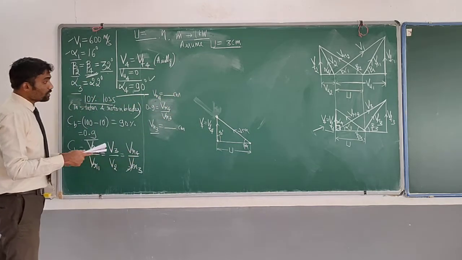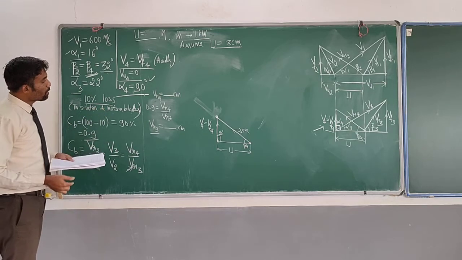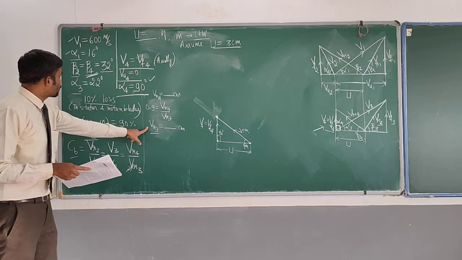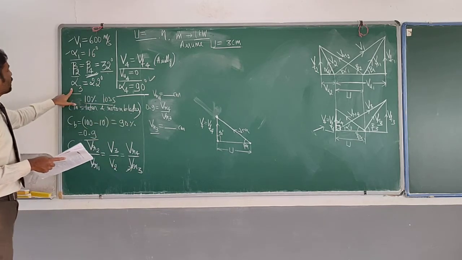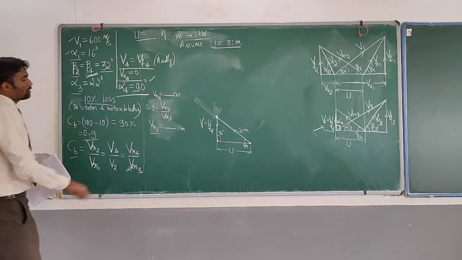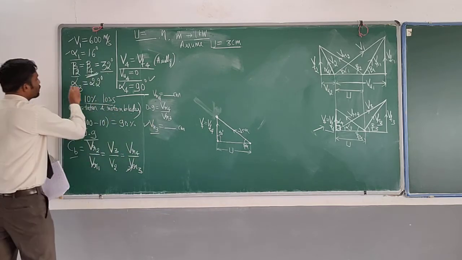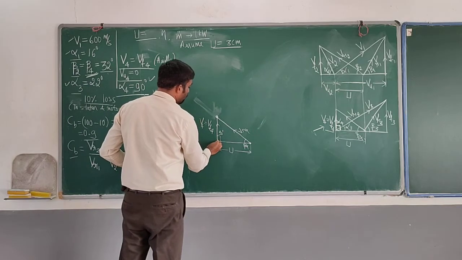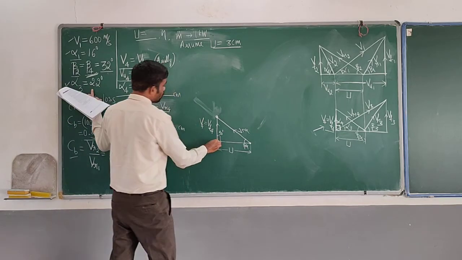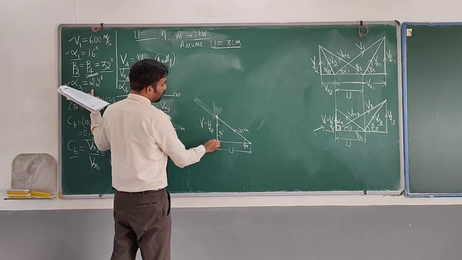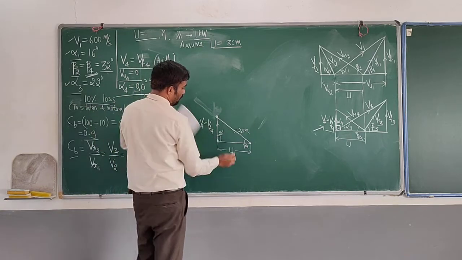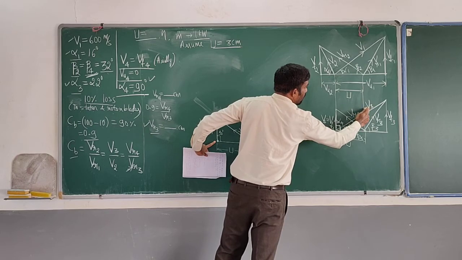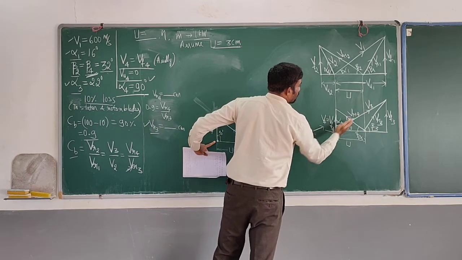Now I have to complete the second stage velocity triangle. I know the length VR3, and I know the angle alpha 3. So from this point I can use a protractor and draw an angle of 22 degree, which is alpha 3, and the length V3 is on this side.